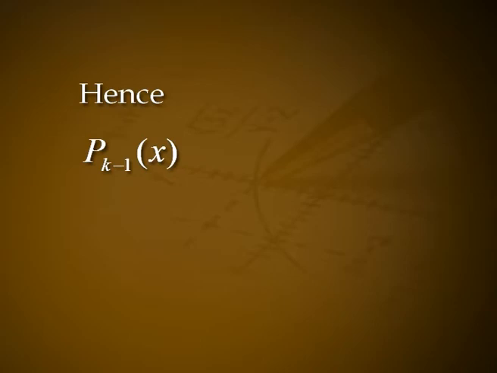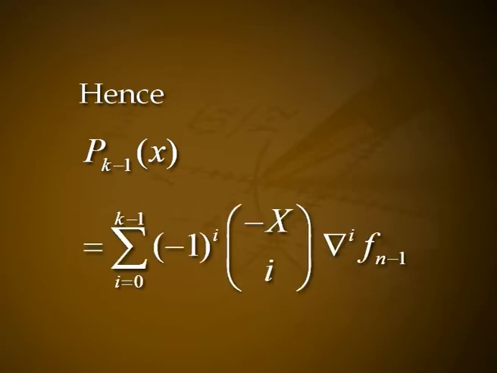Hence, p_{k-1}(s) = summation i from 0 to k-1 of (-1)^i (-s choose i) del^i f_{n-1}.